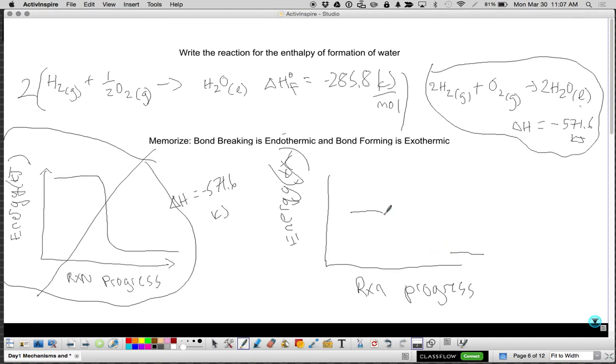This reaction releases energy in the form of heat. But I have to break some bonds first, which means that I have to put some energy in to break these bonds, because bond breaking is endothermic and bond forming is exothermic. So my diagram actually looks more like this, and this is a reaction coordinate diagram.